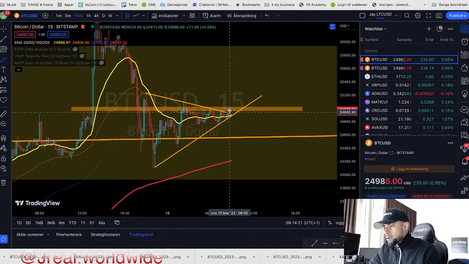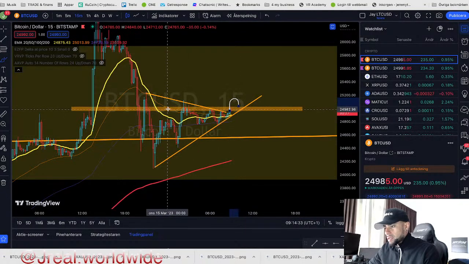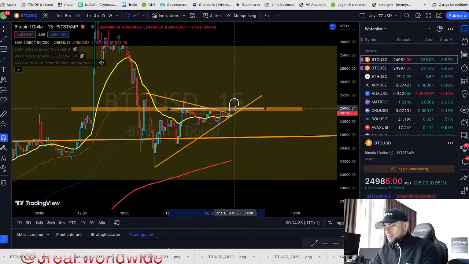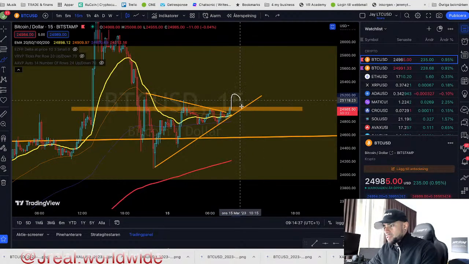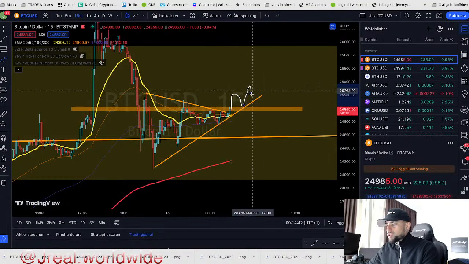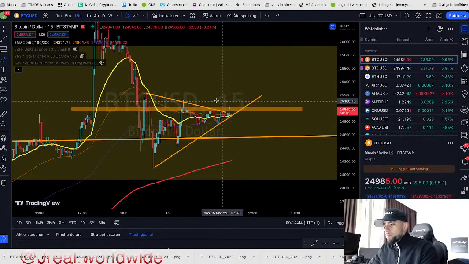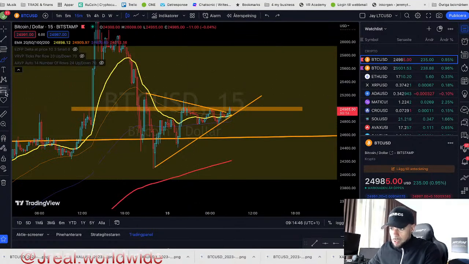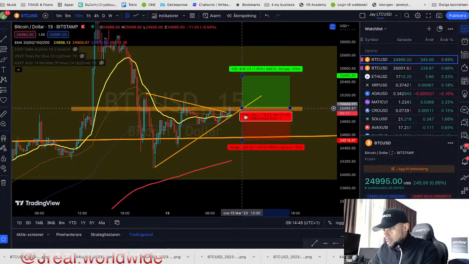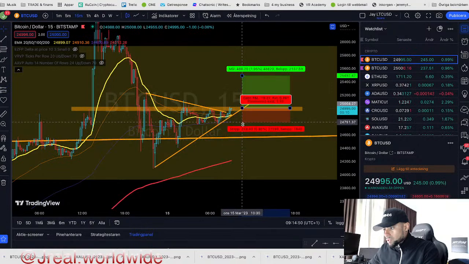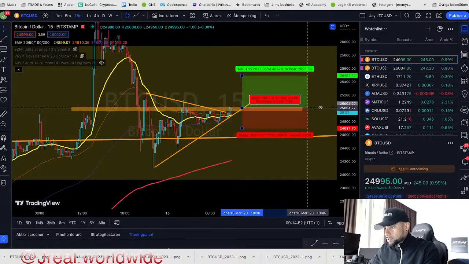But for this breakout to happen, we need to see market come above this support here, come above it, retest it to show signs of wanting to continue up. That would be a possible trade for us, but it will take a couple of minutes or hours until we get there.